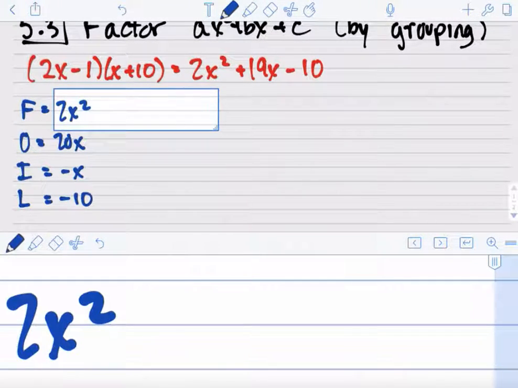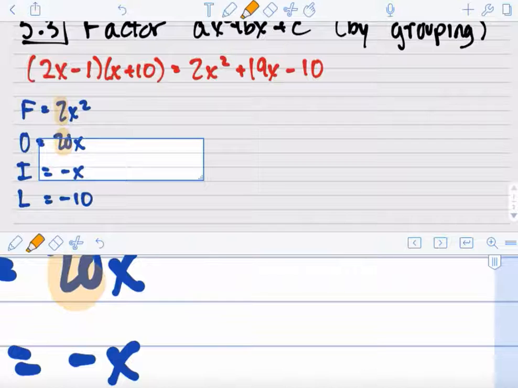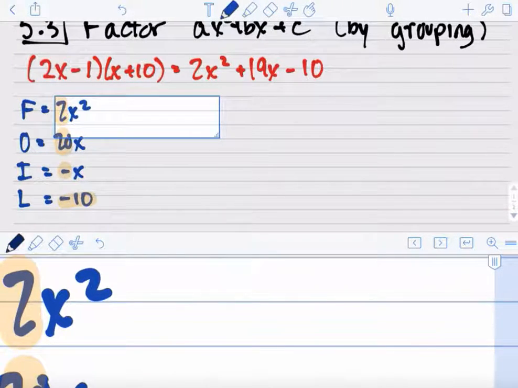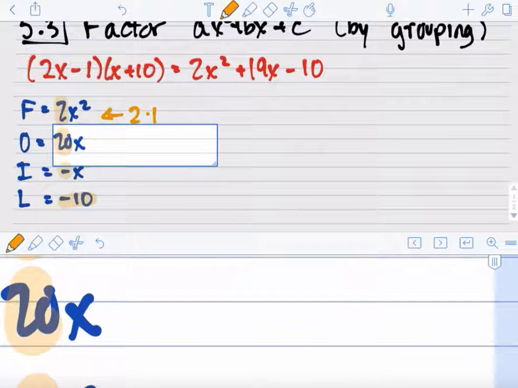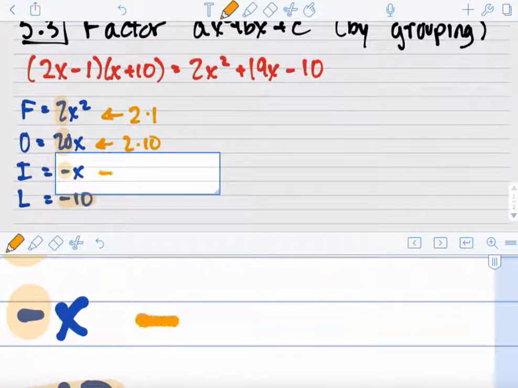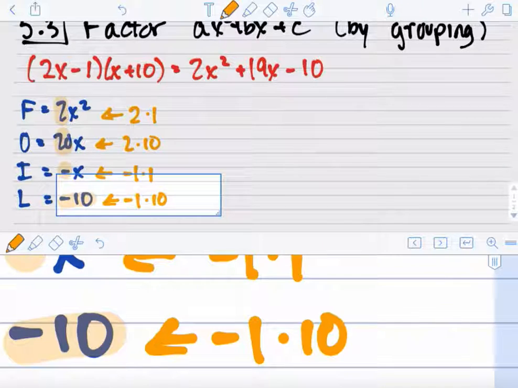Now how did I get the 2x? More importantly, how did I get the 2, the 20, the 1, and the negative 10? Well, I got those by doing 2 times 1, or 2 times 10, or negative 1 times 1, or negative 1 times 10.